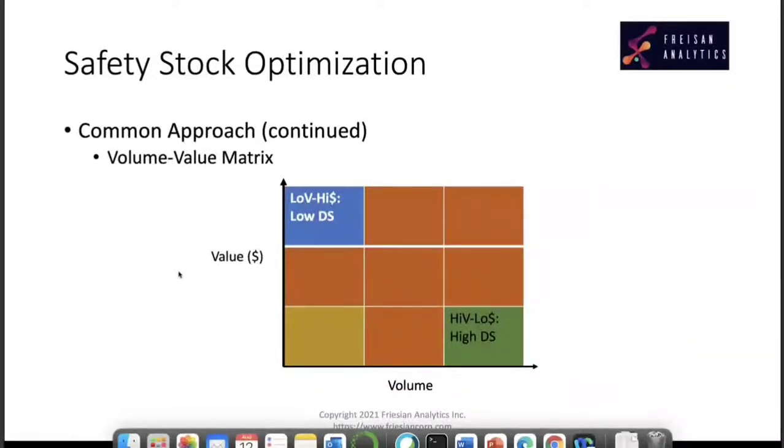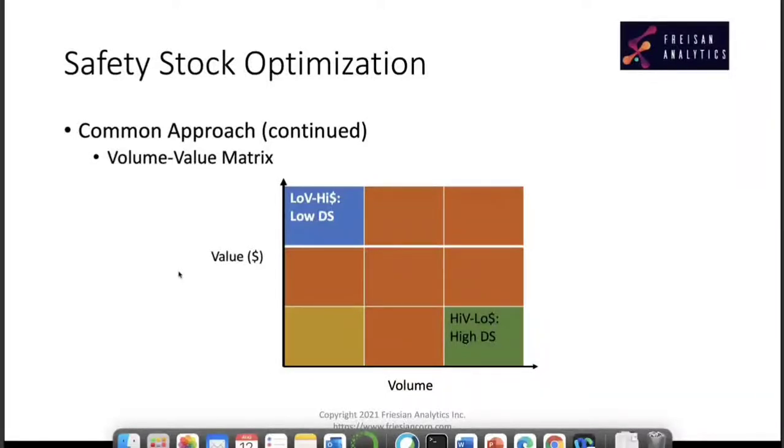Another approach that I have seen is in a big company. They use value of item and the volume of item. They define medium, low, high for both value and the volume. So we have 9 cells defined by these combinations, right?